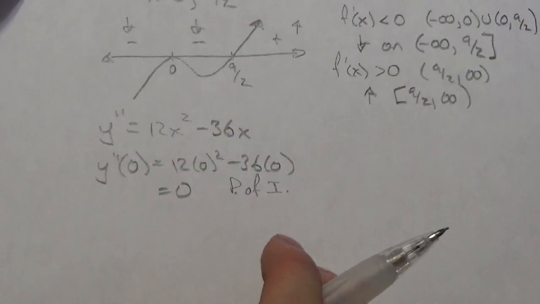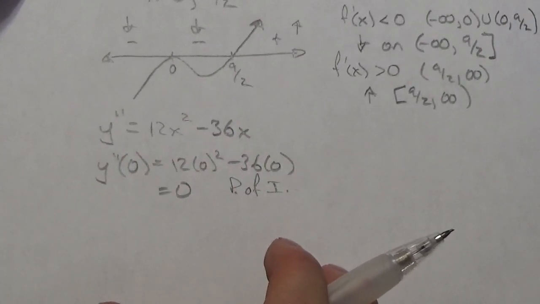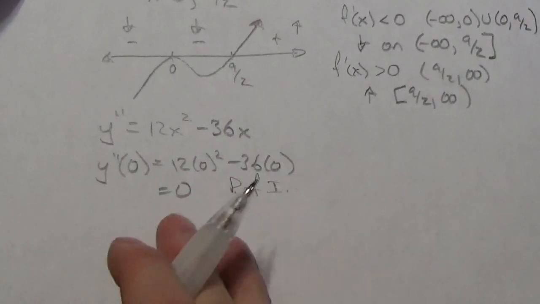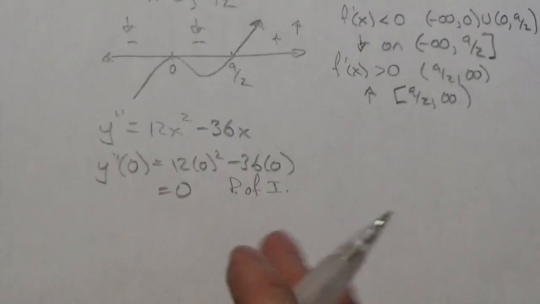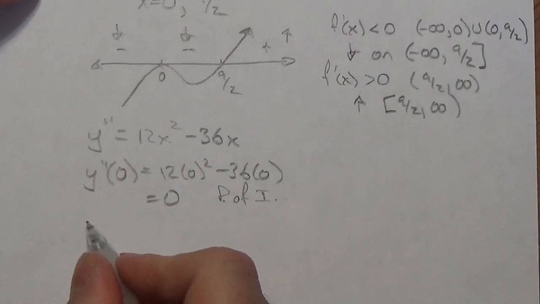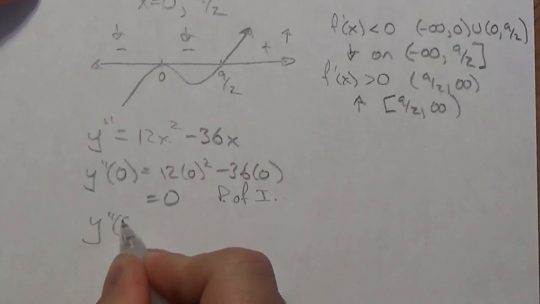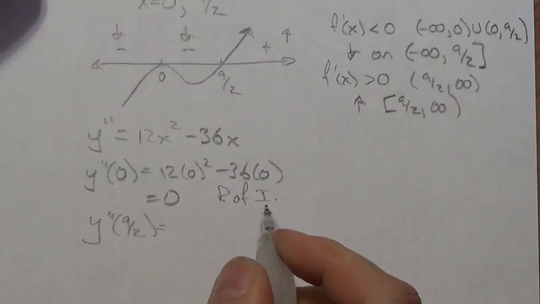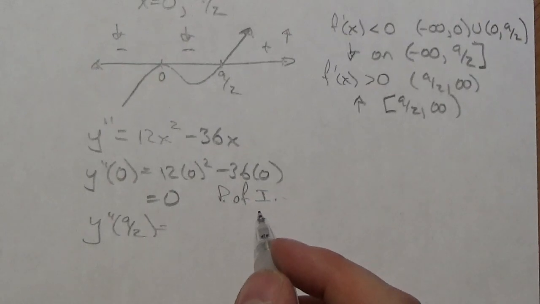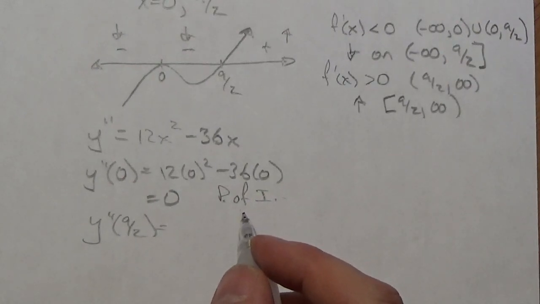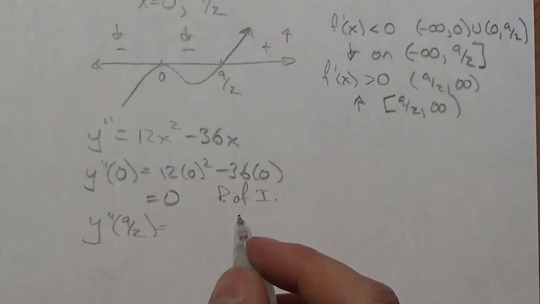And I'm going to want to investigate that just a little bit because remember, a point of inflection occurs when the concavity changes. Now let's just see what's going on at the 9/2. If I take the second derivative and evaluate it at 9/2, I'm just going to plug that into my calculator really quickly because I want to get a decimal value, just so that I have a number that's nice to work with.